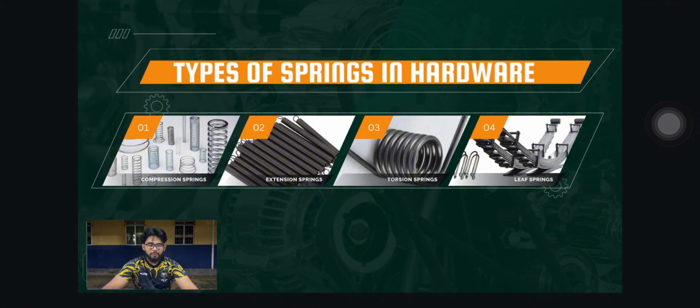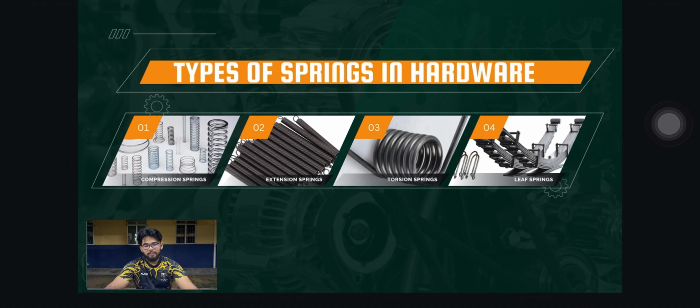In these slides I would like to tell you about the types of springs in hardware. The first type is compression springs. These springs are usually common in the work field now. The second one is the extension spring, which is a little bit different from the compression spring.